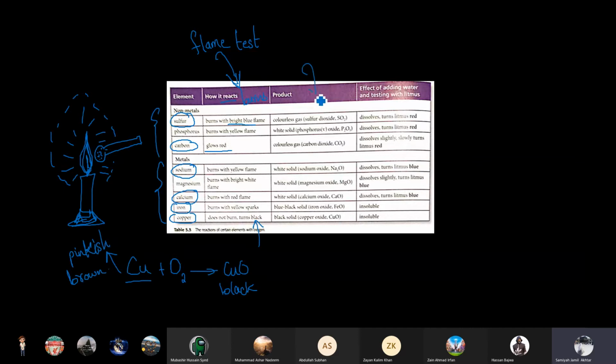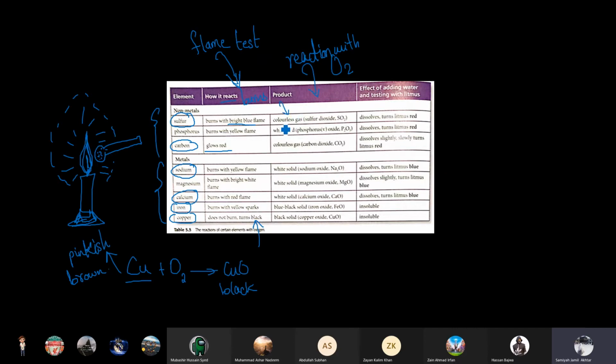And then in the next column, their product is written, meaning their reaction with oxygen. How it reacts with oxygen: they form sulfur dioxide, phosphorus oxide, carbon dioxide, sodium oxide. Their reaction with oxygen is written, and their product color is written.